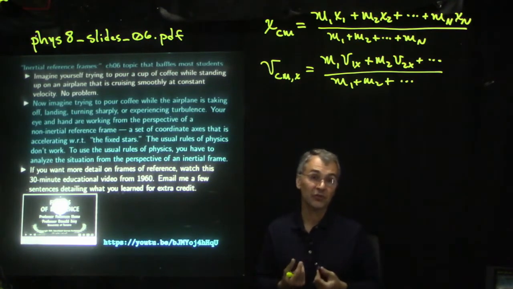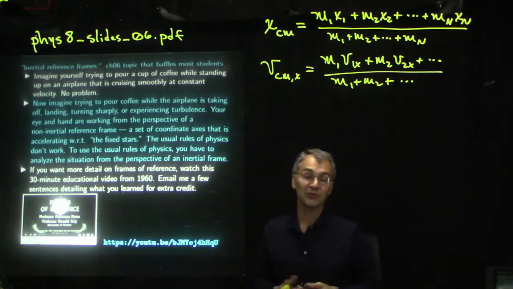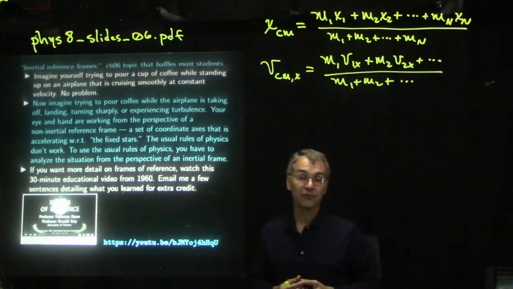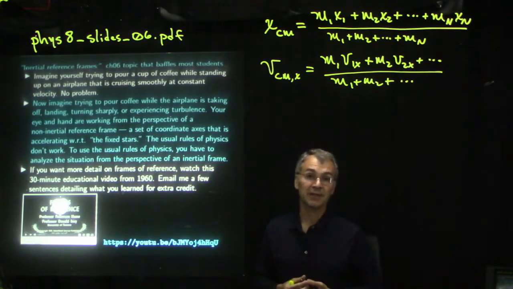And one reason this is so important is because Newton's first law, when we get to it, will say, in an inertial reference frame, an object at rest remains at rest, and an object moving at constant velocity continues to move at that same constant velocity unless acted upon by an unbalanced force.